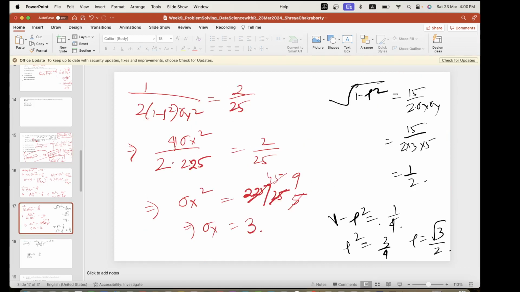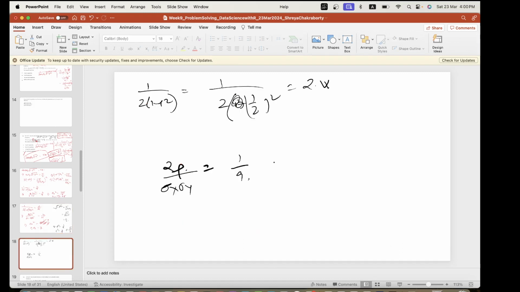So maybe rho is root 3 by 2, right? So 2 into root 3 by 2 into 3 into 5. That is not coming equal to 1 by 9, or did I do some calculation mistake?